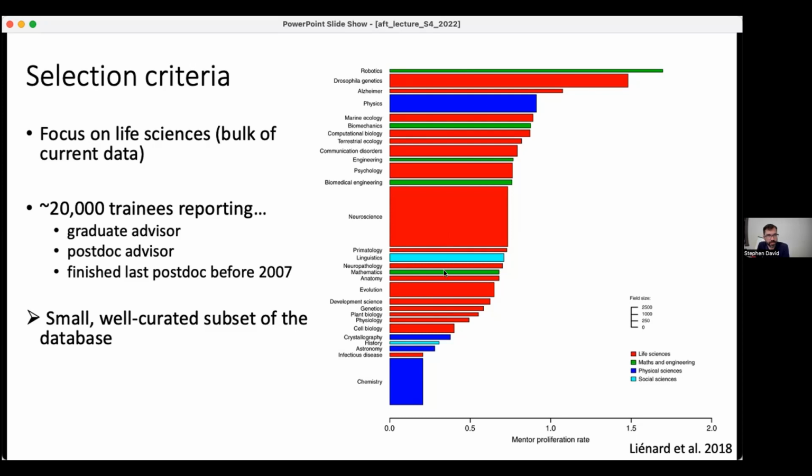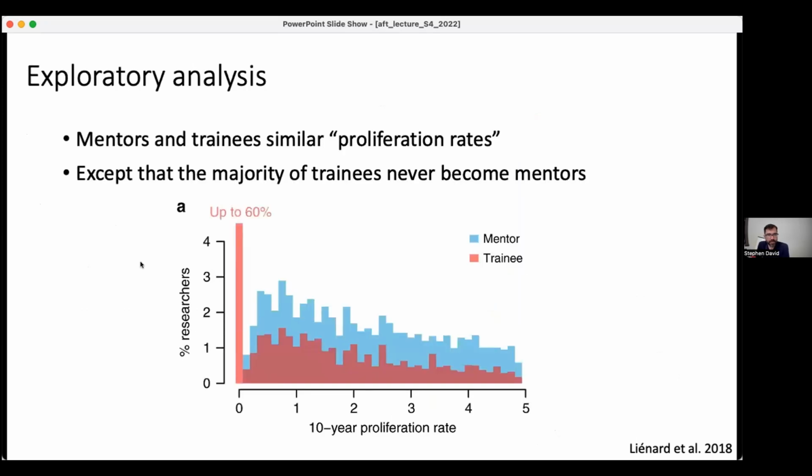And so this is another plot of the one that we were looking at earlier, looking at out degree. And this is saying, for mentors in our triads versus trainees, what's the distribution of proliferation rates, or out degree? A couple of features come very clear.